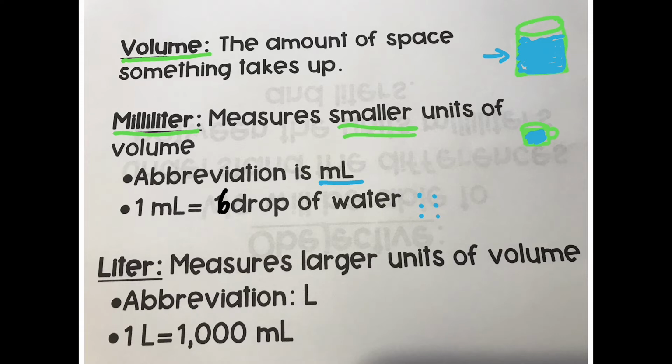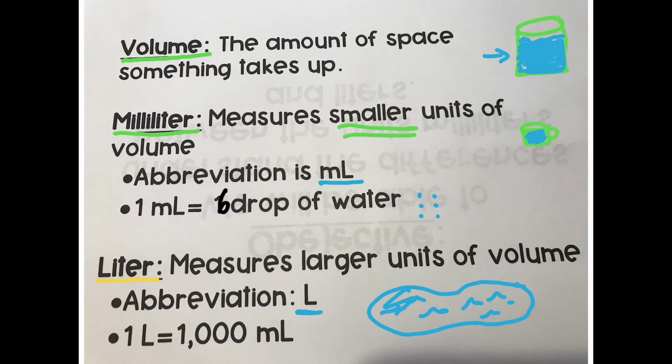Now let's go on to liter. A liter measures larger units of volume. Okay, so if I had a pool, I'm going to draw my pool here, and I was to measure all of the water inside this pool, we would want to measure it in liters.